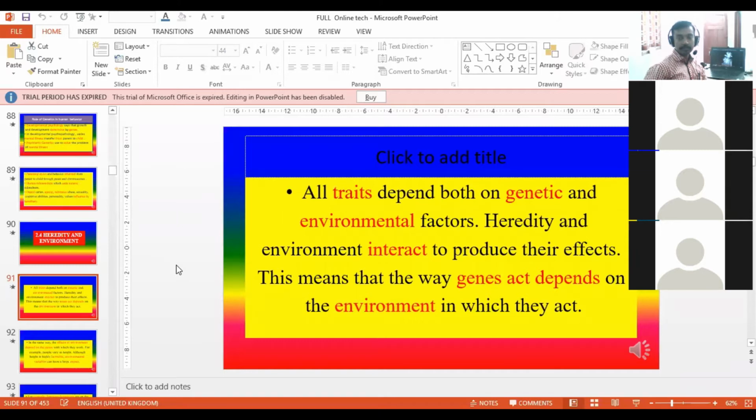If the environment is not there, they cannot express or display their characters, for example personality, emotions, etc. So both heredity and environment are essential. Heredity is fundamental and basic. Environment is needed to display that character.